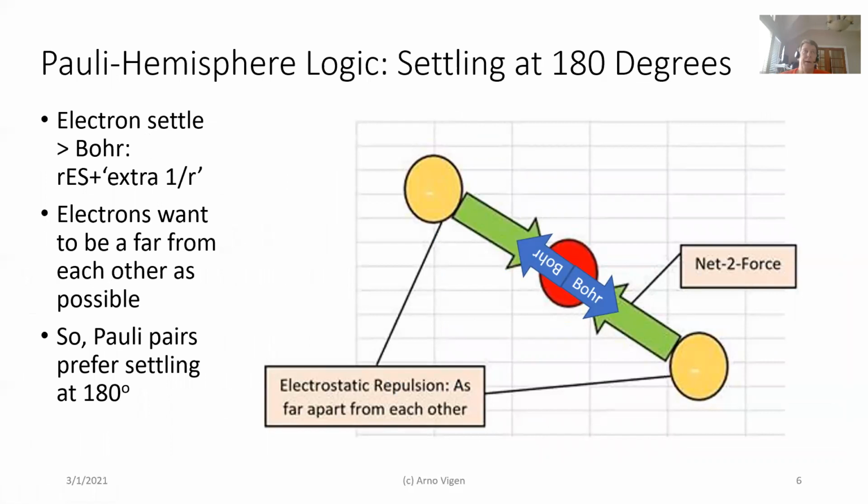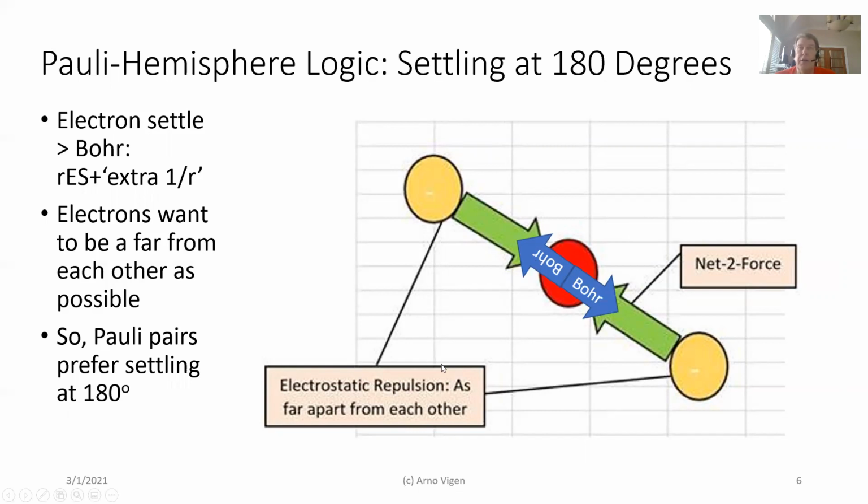Now, the second part about understanding electron shells is the Pauli hemisphere logic. Once you know about this wall inside the Bohr radius, you now have a net two forces. So the electrons want to move in, but this one is negative and negative. Negative times negative is repulsive.